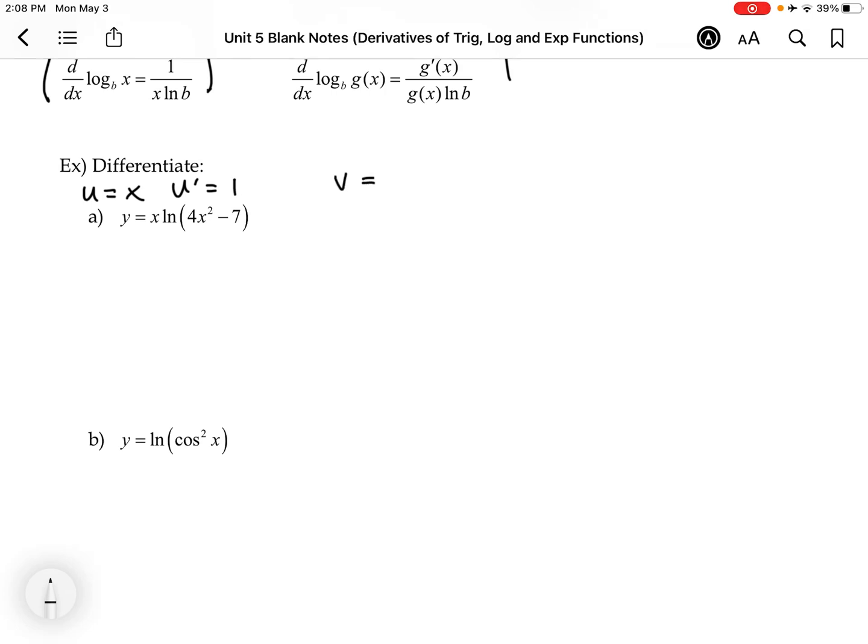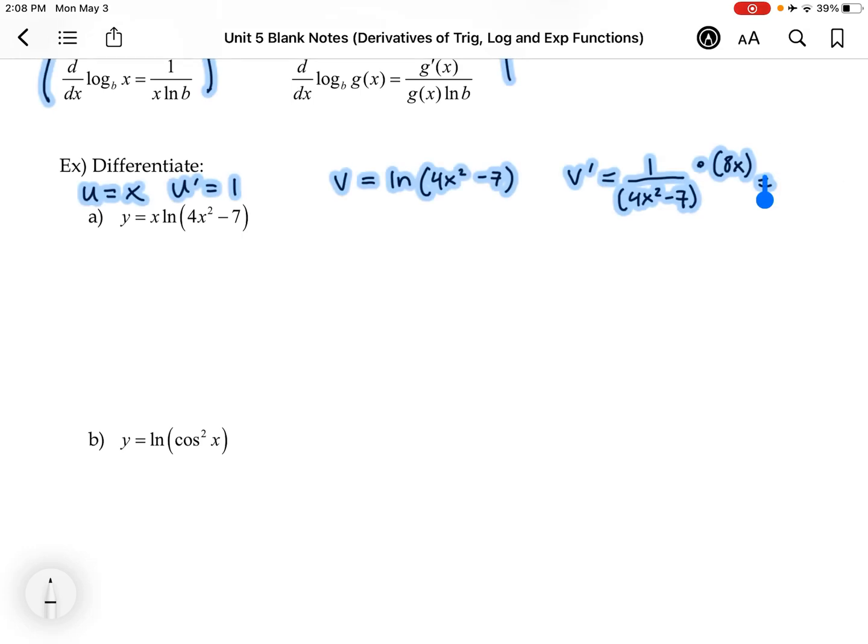Our v is ln of 4x squared minus 7, which means our v prime is 1 over whatever we're taking the ln of, which is 4x squared minus 7, times the derivative of whatever we're taking the ln of, which in this case is 8x. So it's 8x over 4x squared minus 7.